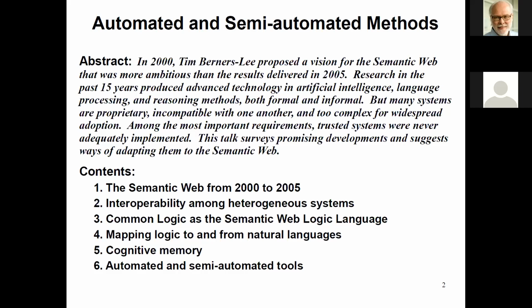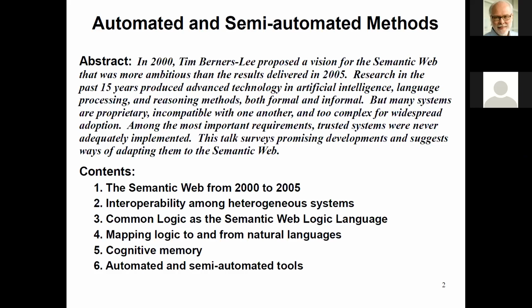The second point, I want to talk about interoperability among heterogeneous systems, which include the legacy systems, which still run the world economy. So all of these new things that are based on formal ontologies are just special cases. And I'll talk about common logic as the semantic web logic language, as Tim Berners-Lee had intended.